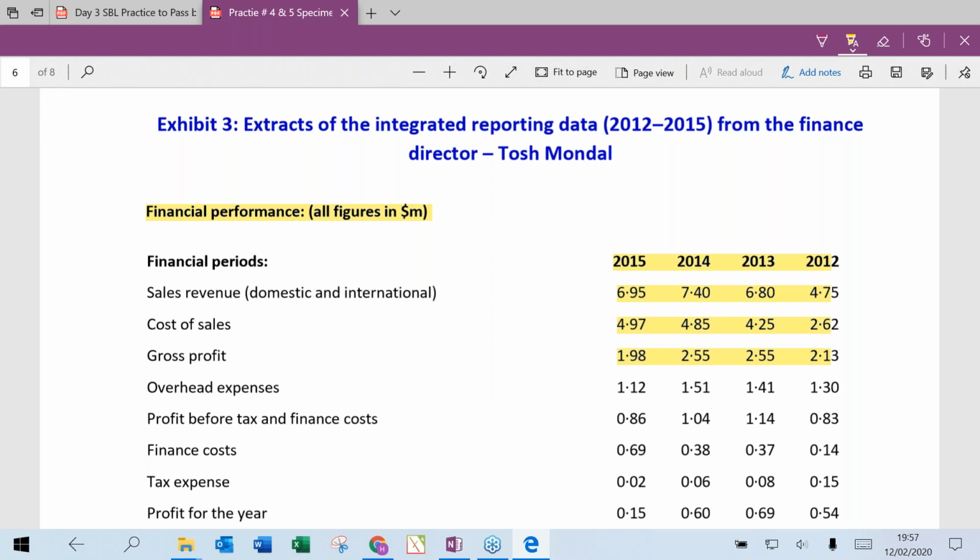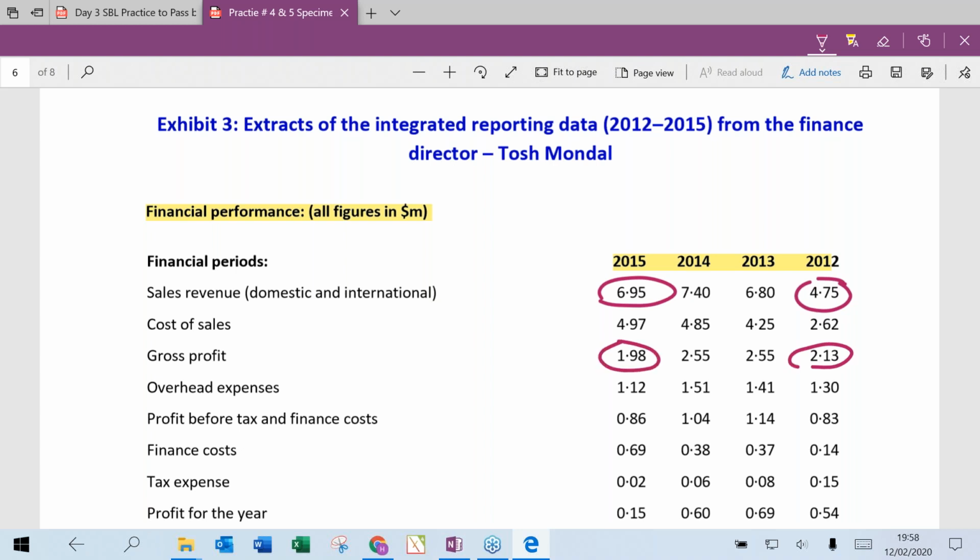Overheads, profit before tax and finance. So this has gone up. I would compare this last year with this year. Okay, it's gone up, and gross profit has gone down.